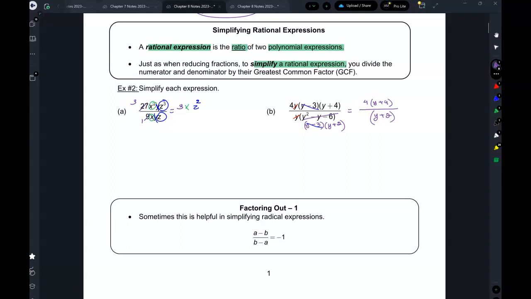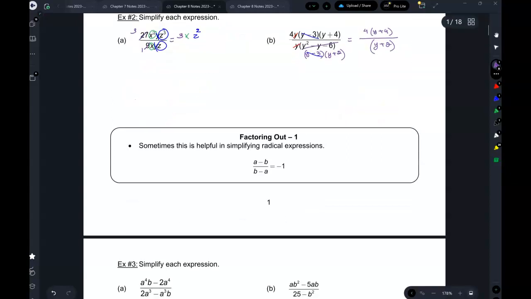Okay, so let's move on to the next one. What about factoring out a -1? So take a look at this one. I have a minus b and b minus a, right? Okay, so let's pretend those were numbers, the a and the b. If you have 3 minus 5, how much is that? -2.